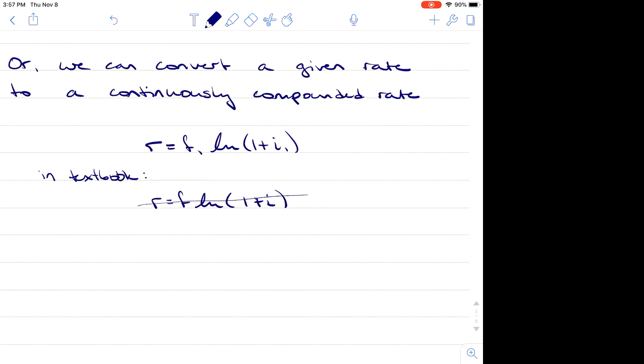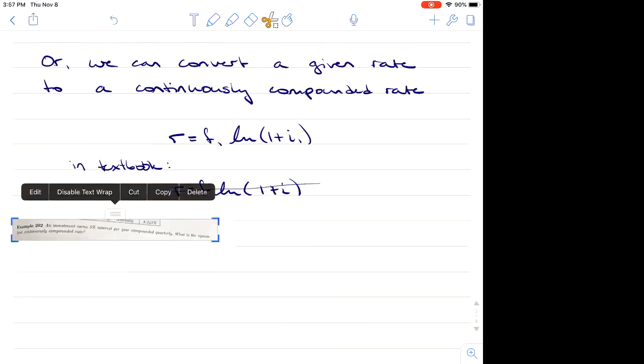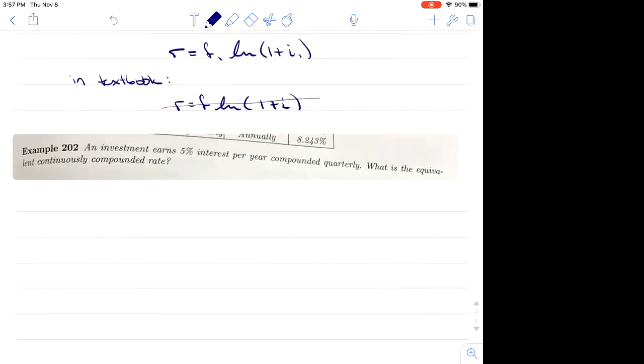Let's do example 202. An investment earns 5% interest per year compounded quarterly. What is the equivalent continuously compounded rate? Right? So we want to move from compounding quarterly to a continuous rate. So we have to use R equals F1 times the log of 1 plus I1.